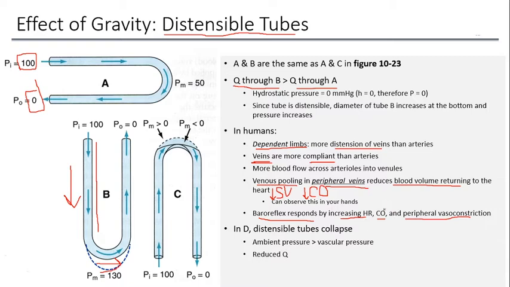So we're trying to increase cardiac output and total peripheral resistance in order to keep up with the mean arterial pressure drops that can be seen with upright posture. So ultimately, the body does respond, right? It is able to adjust, and therefore we are able to tolerate this upright posture.